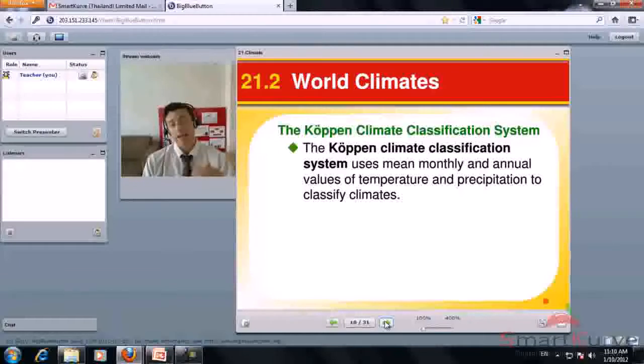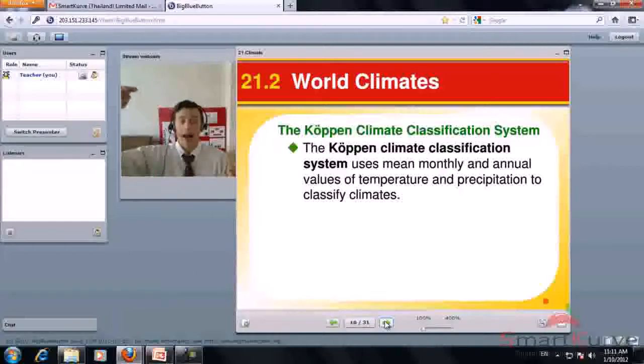Everything from latitude, where we learned that the areas of very low latitude near the equator get direct sunlight, so they are warmer. Areas of high latitude near the north and south poles get very little direct sunlight, so they're colder. We also looked at altitude.